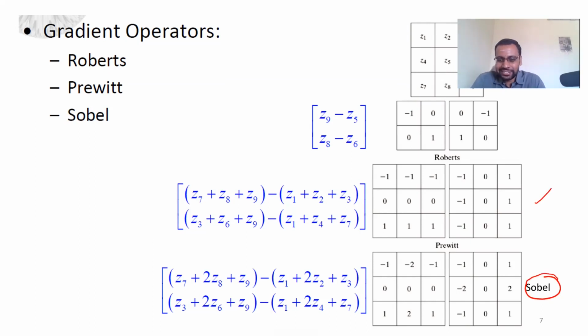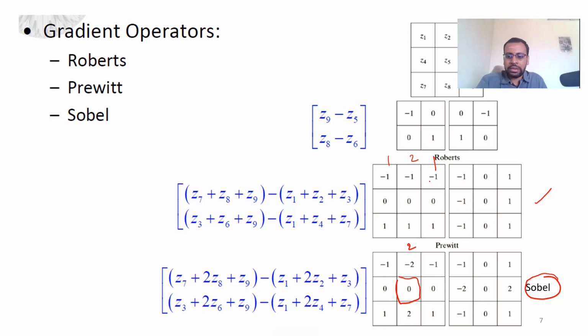Sobel is giving more weight to the central pixel. That is all that is happening. It's like a weighted average now. You give double the weight to that center one while you compute the derivative, because this is multiplied with 2, and these particular columns are multiplied with 1.